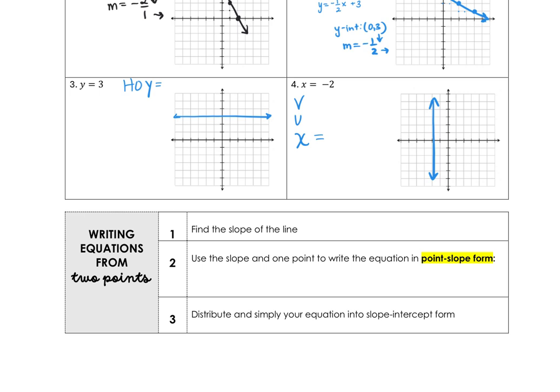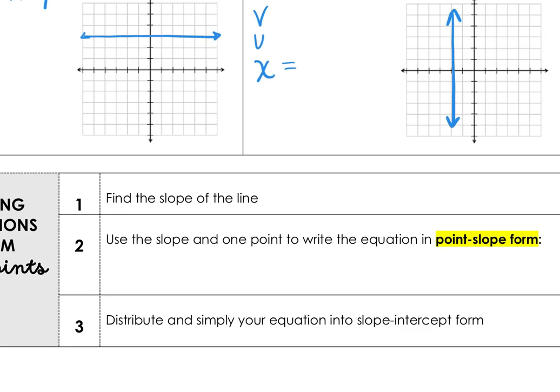All right? So step number 1 is always going to be to find the slope. Then, once you have the slope, you're going to use that slope and 1 point to write the equation in point slope form. And as a reminder, point slope form is y minus y1 equals m times x minus x1.